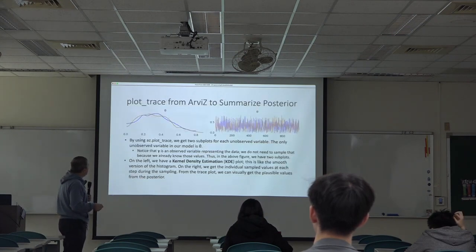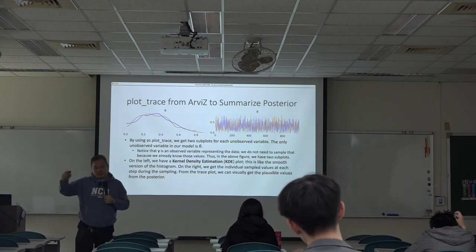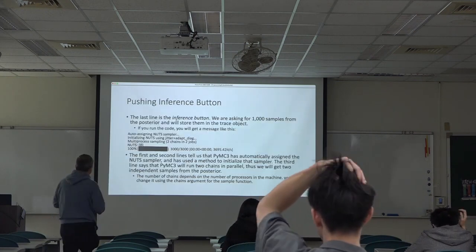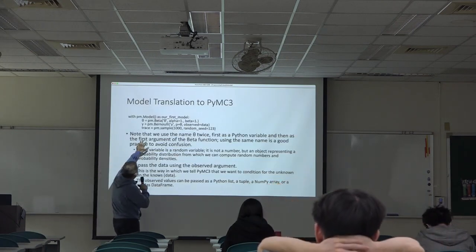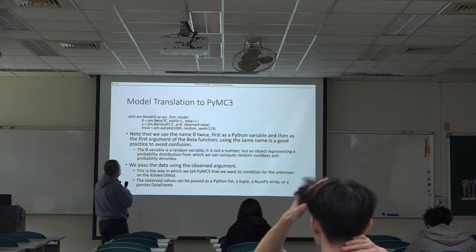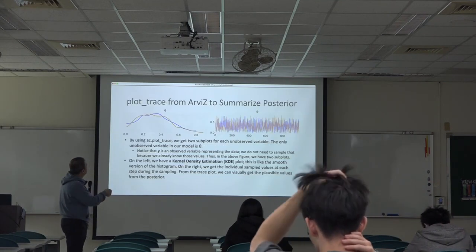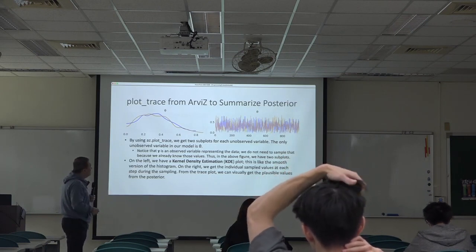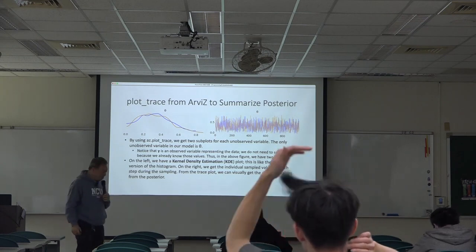Then you can use plot trace. In plot trace, you just feed the trace that you obtained here to the plot trace function from RVs, and it will automatically plot these two figures for you.